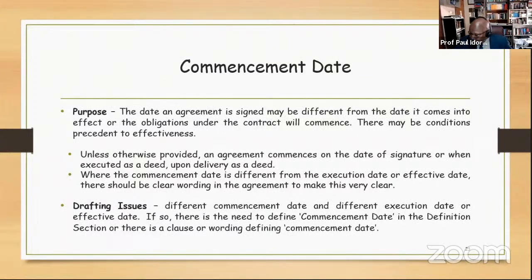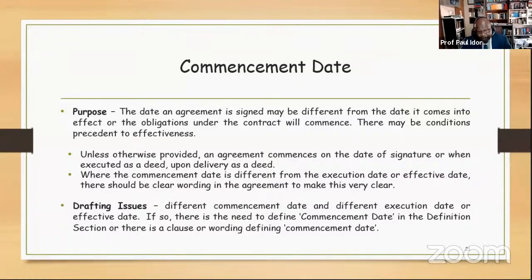Commencement date. Now, when I'm drafting, I like to draw a line between commencement date, execution date, and effective date. Unless these terms are carefully defined, they create problems of interpretation. Now, when is commencement date the same thing as execution date? Sometimes you enter into a contract and the contract is signed.